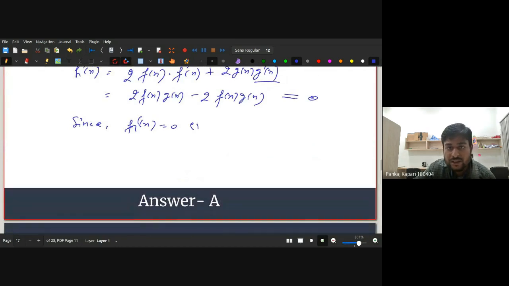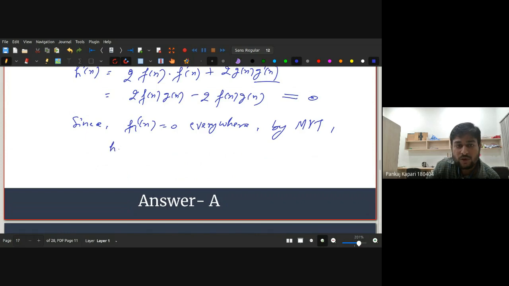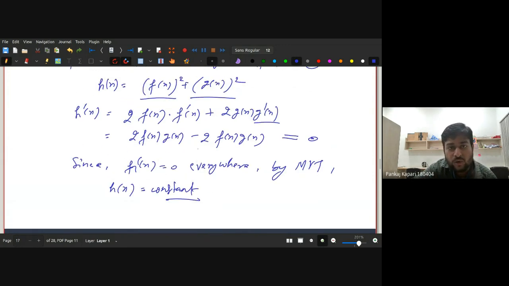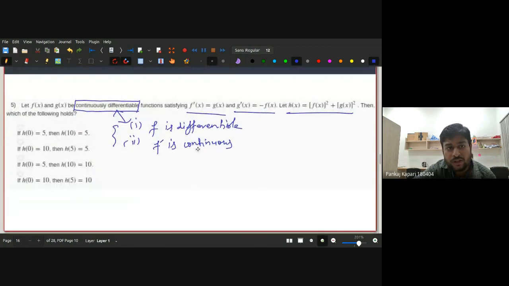So we can write that it is 0 everywhere. By the mean value theorem, this h must be constant, right? It must be a constant function. So that we can conclude from the mean value theorem about this function.